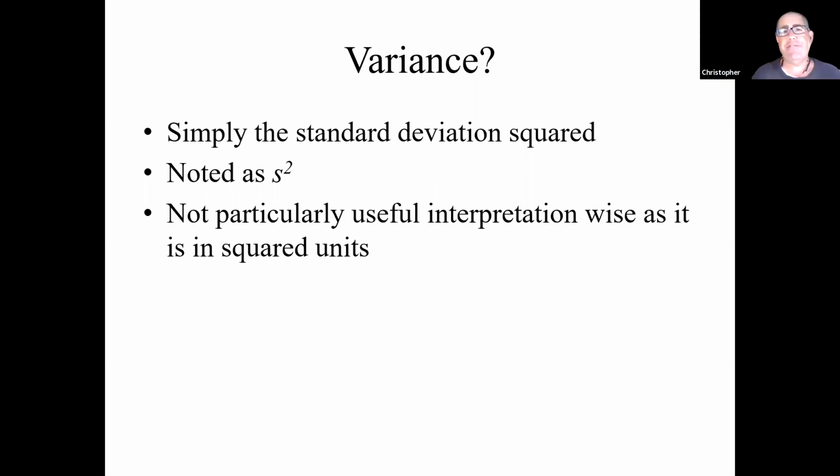It's simply the standard deviation squared. It's not particularly useful because it's in squared units. So the variance for the first distribution would be about 169 squared exam points. We don't think in terms of squared exam points, so not anything that has an intuitive meaning for us.